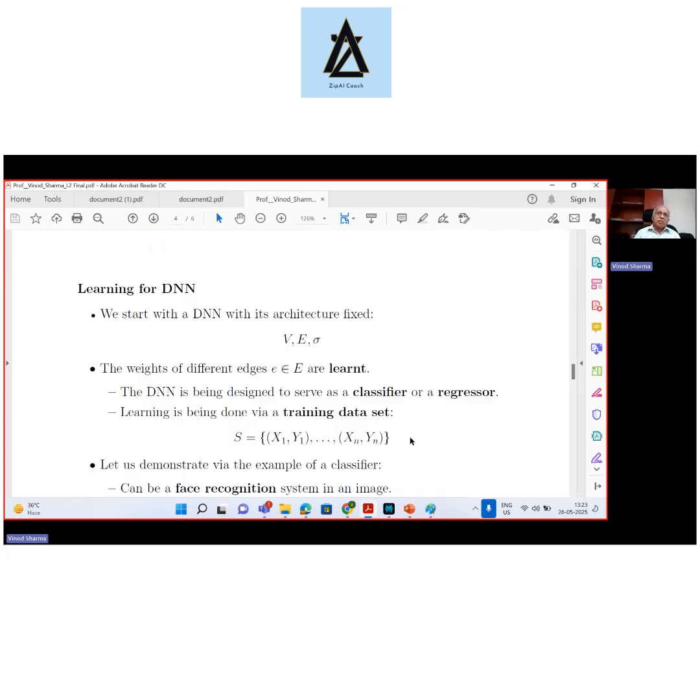And if a new image comes later on, you need to classify it with the neural network, and you should be able to do that properly with minimal error. This is how it will be done, by adjusting the weights W appropriately.